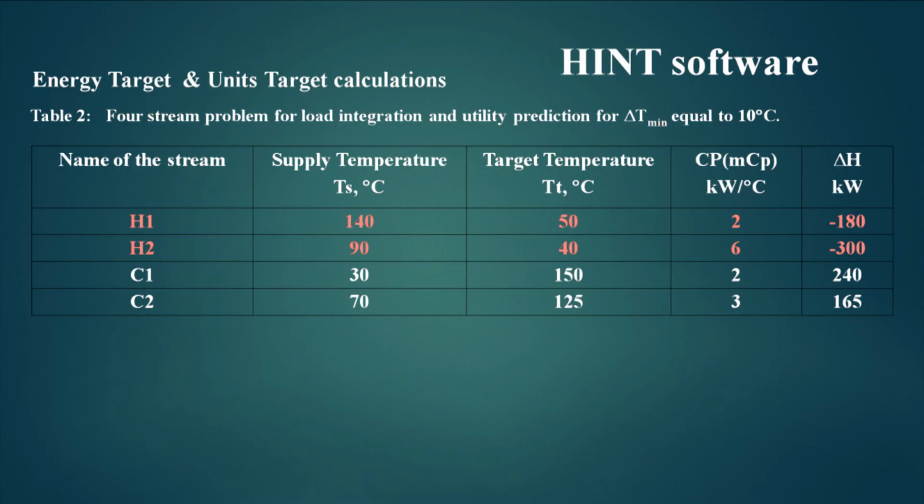Now, for this we take up this problem. This is table 2 problem. Here also there are 2 hot streams and 2 cold streams, and using this we will show you the energy target and unit target calculations using hint.